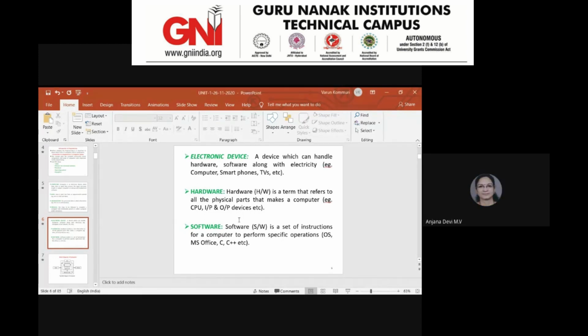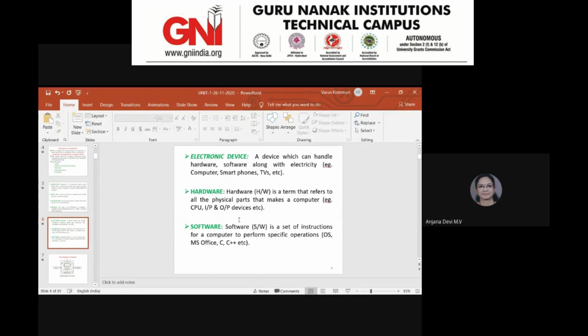A device which can handle hardware and software along with electricity. Here we are using a computer. Hardware is there, software is there. If there is no electricity, can we work with the computer?